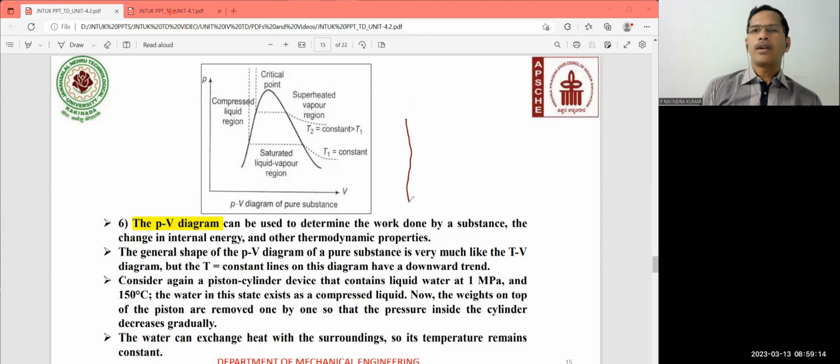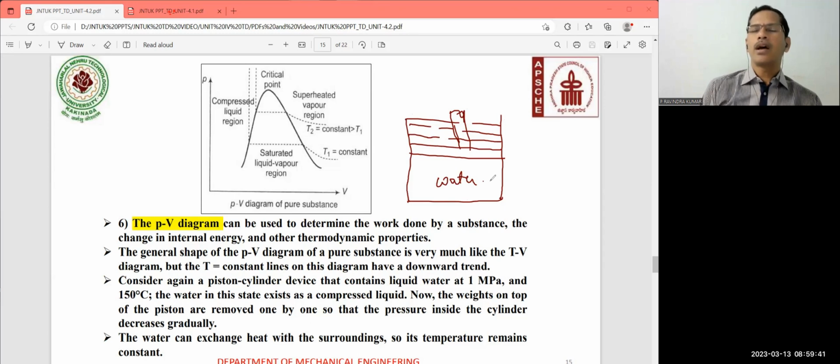Suppose you take a piston cylinder arrangement, where this is the piston and this is the cylinder, and you keep water here. Here you place incremental weights, going on adding and removing them.